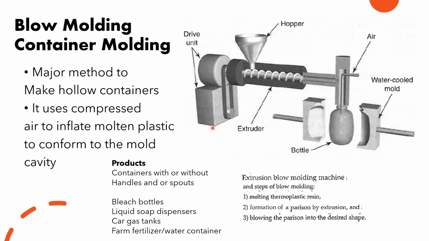The next method is container molding, the common word. The technical term is blow molding. So this is your blow molding instrument. It's a major method to make hollow containers like that, okay?